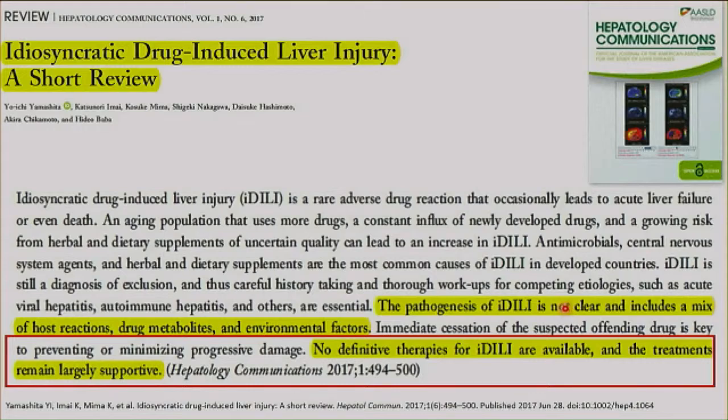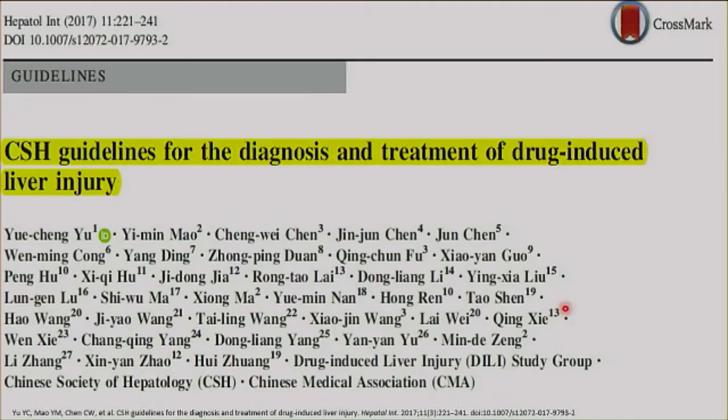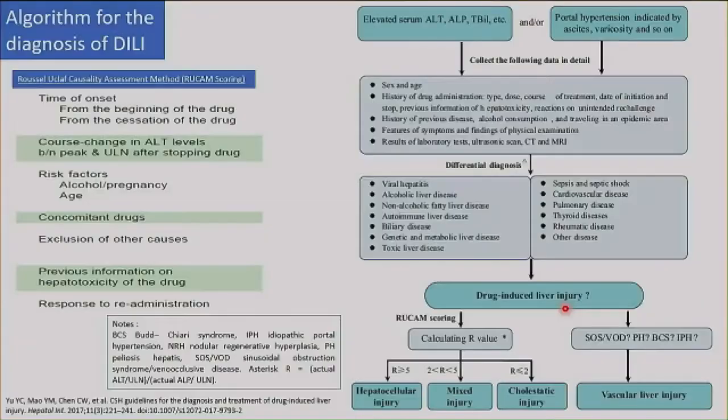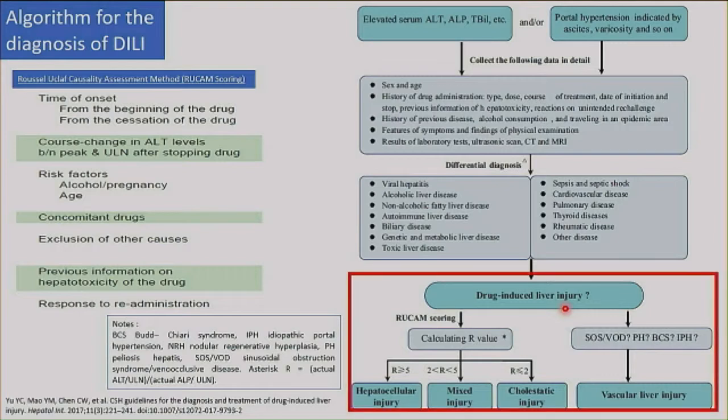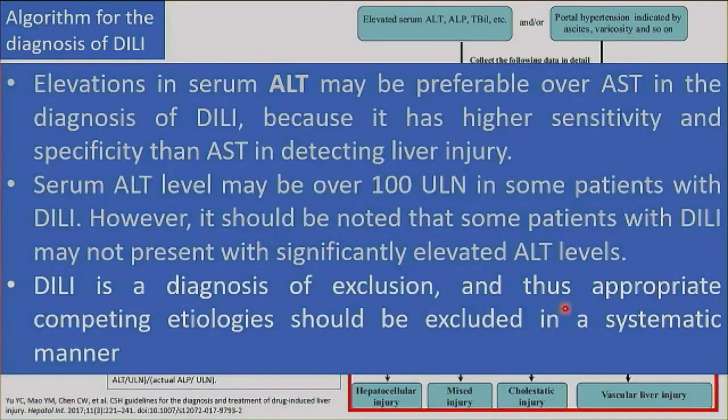And then this is an idiosyncratic DILI short review, and there's the guideline on how to treat DILI. We can see here first how we have to confirm whether the patient is prone to have DILI or not, like I already described before. So elevation of ALT is preferable over AST to diagnose DILI.